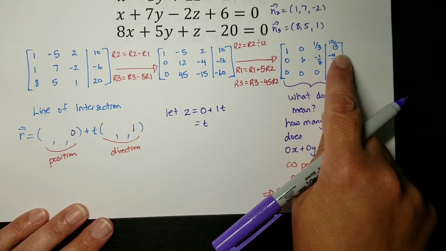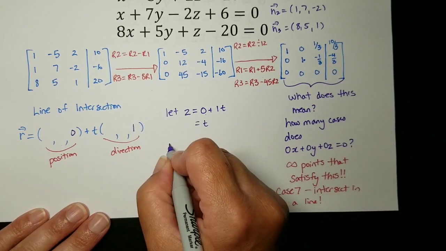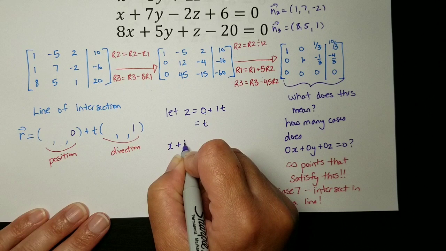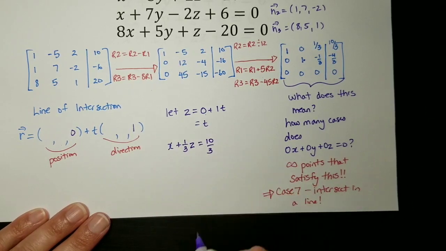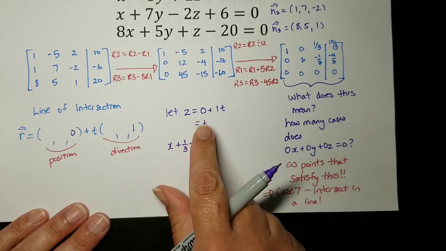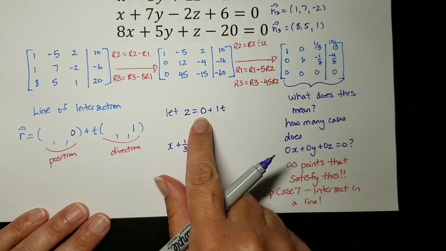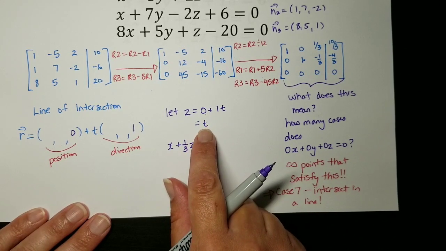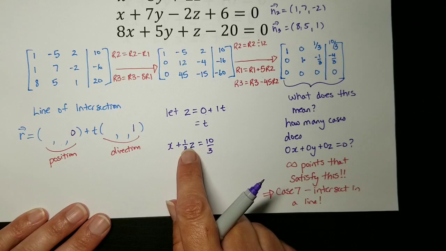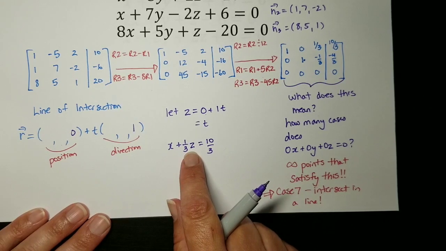I'm going to go back up to row 1 and say x plus 1/3 of z equals 10/3. But I said pretty arbitrarily, let's have a position vector where z is 0 and a direction vector where z is 1, so z just equals t. Now I can sub in my z equals t here.